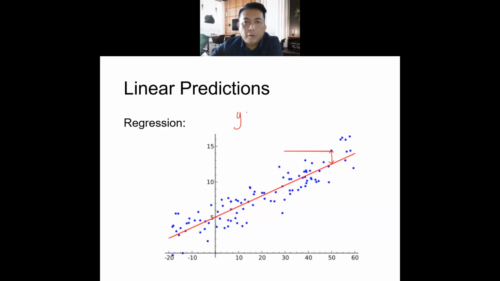So we have the formula y equals a x plus b. So this is the slope, and this is the intercept when x is 0. So this is the coefficient that we want to estimate. So this is in linear regression.